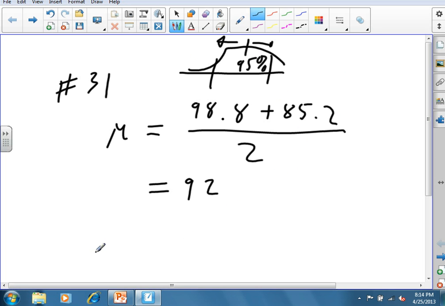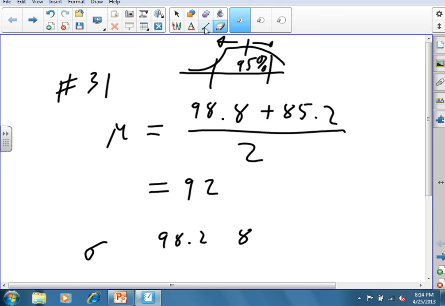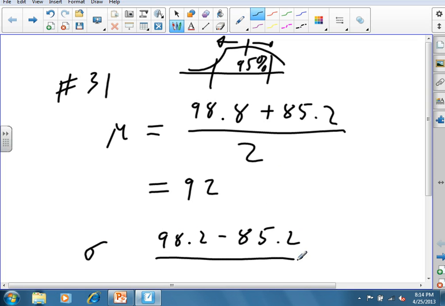So I go 98.8 minus 85.2, and I divide that by 4, because I have 4 standard deviations.